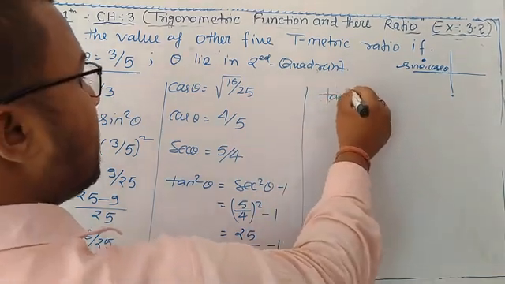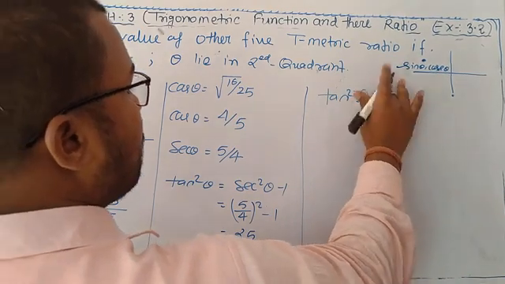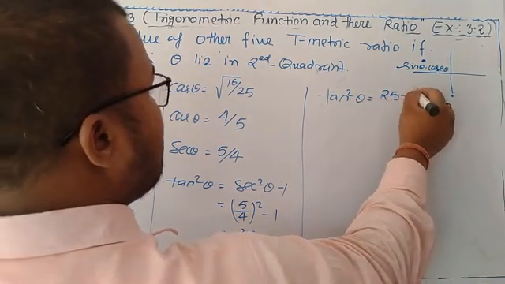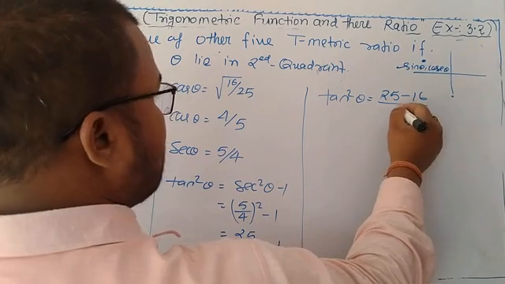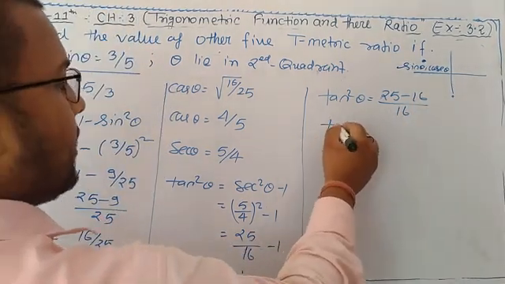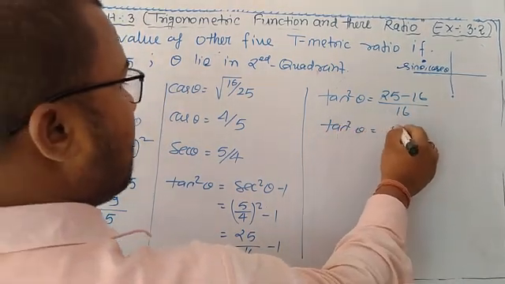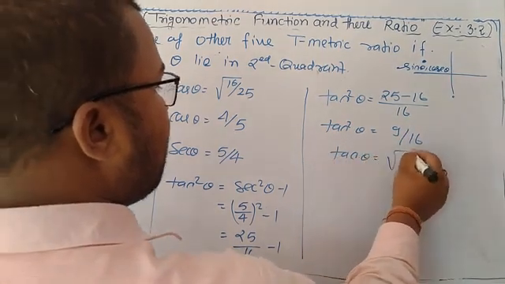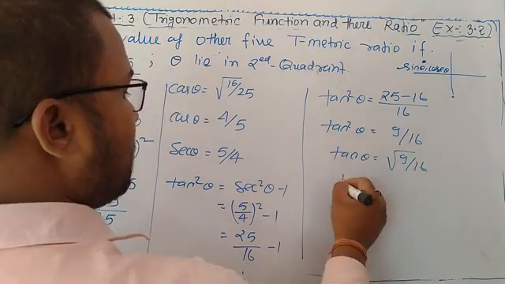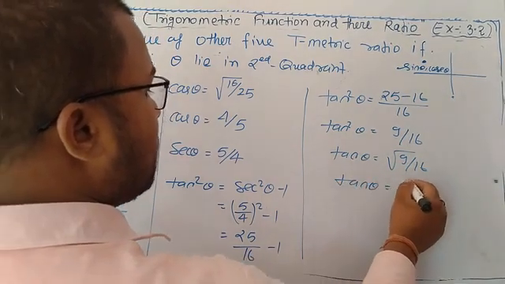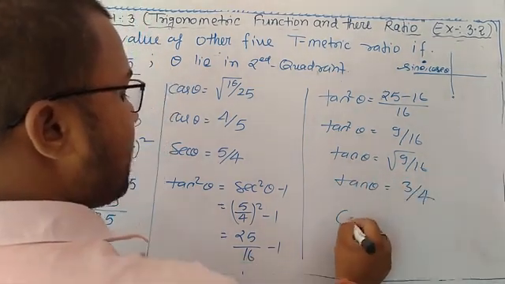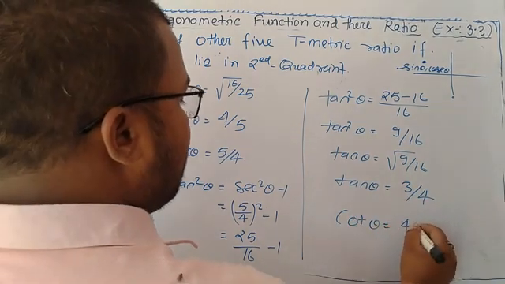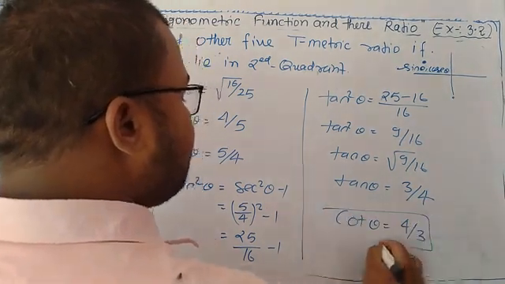Tan square theta is equal to 25 minus 16 upon 16. Tan square theta is equal to 9 upon 16. Tan theta is equal to root of 9 upon 16. Tan theta is equal to 3 upon 4. Then cot theta is equal to 4 by 3.